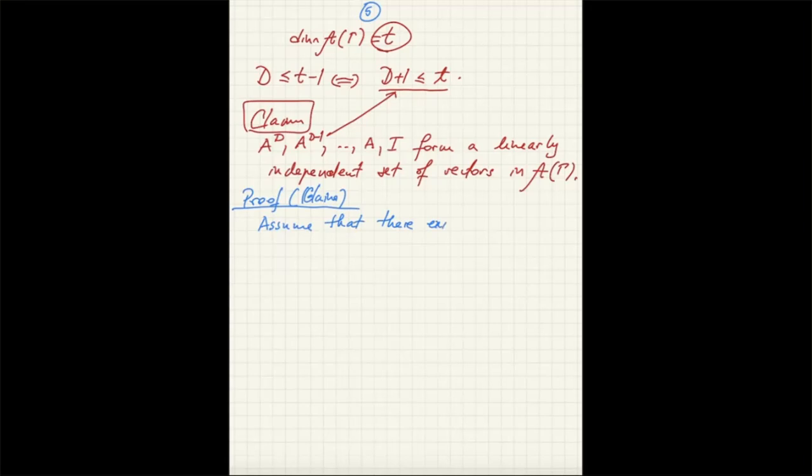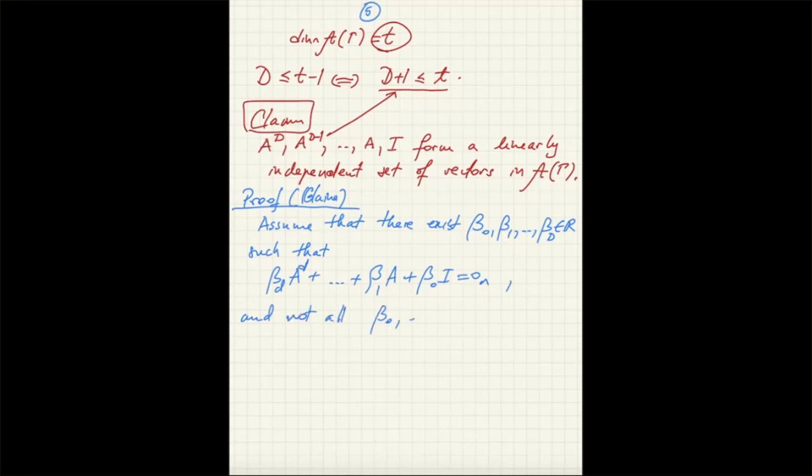So there exist beta 0, beta 1, ..., beta D, real numbers, such that beta D A^D plus ... plus beta 1 A plus beta 0 identity is 0, and not all of beta 0, beta 1, ..., beta D are 0. So it's a proof by contradiction. Let's assume that they are linearly dependent.